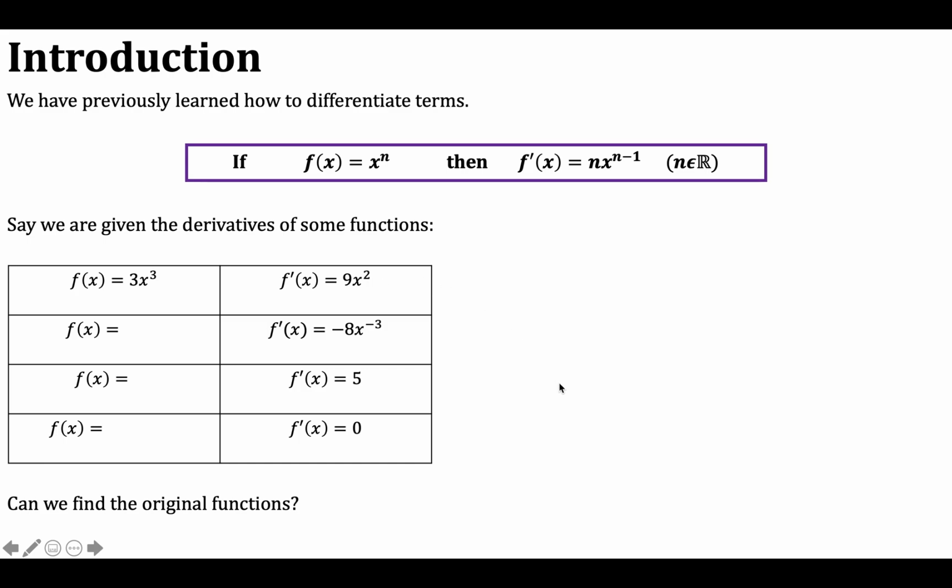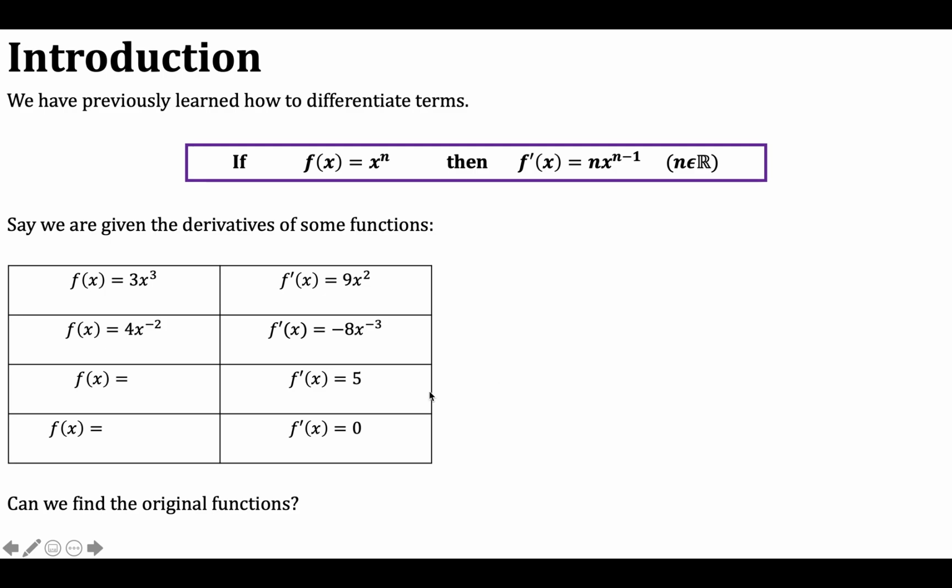The next one, the derivative was negative 8x to the negative 3. So originally that would have been 4x to the negative 2. So the negative 2 would have multiplied the coefficient of 4 to give us the negative 8. And then we would have subtracted 1 from the exponent of that to give us the x to the negative 3.